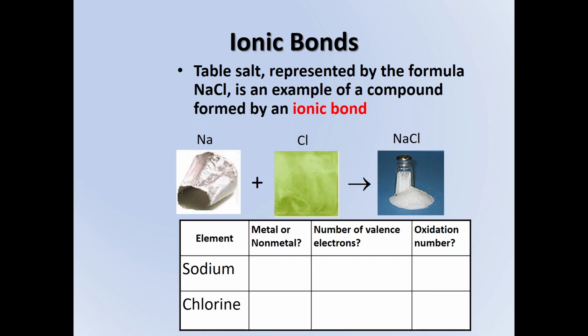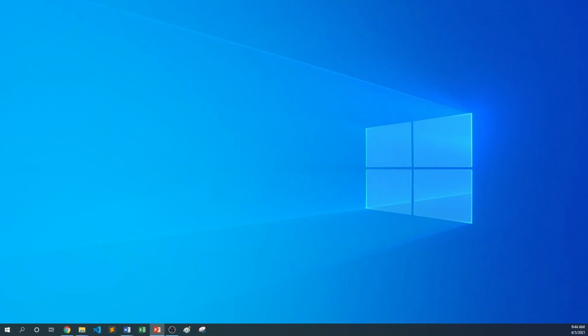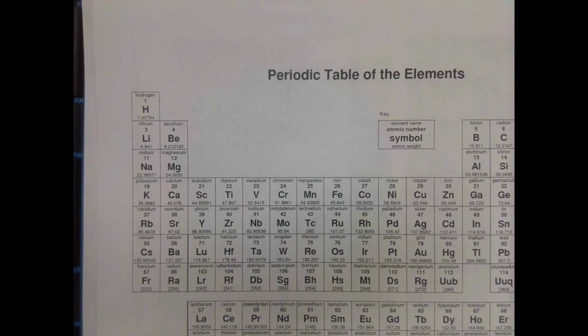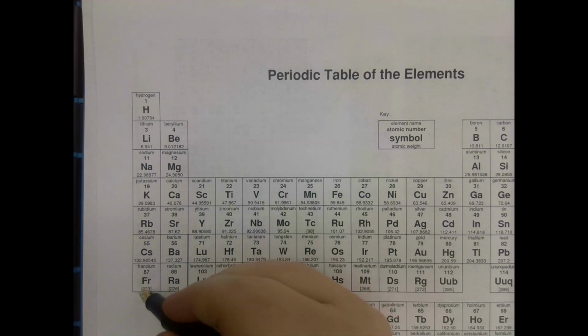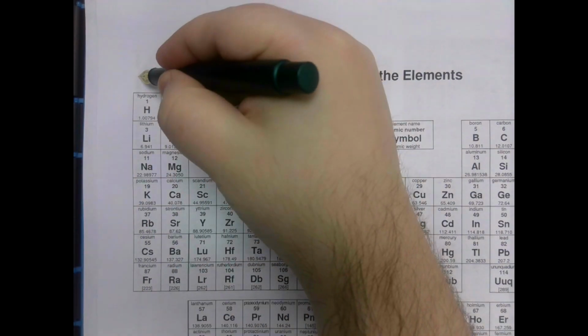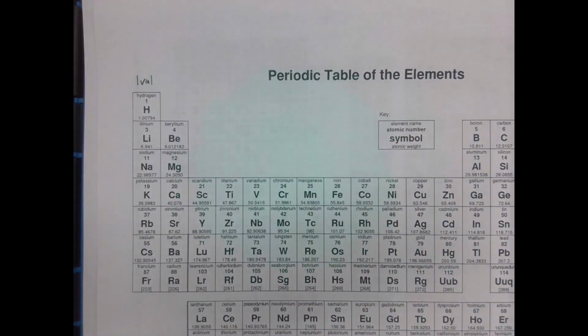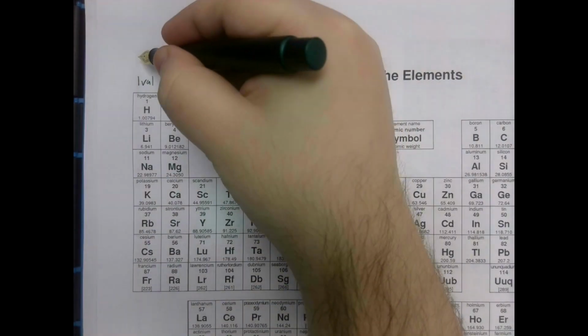So let's review. We've already done this before, but it's been a while. Looking at the periodic table, everything in this group, group 1A, has 1 valence electron.